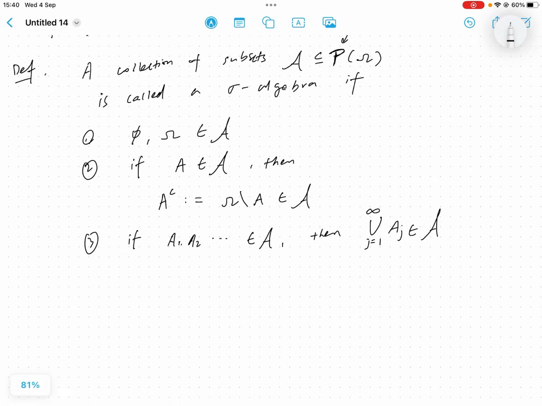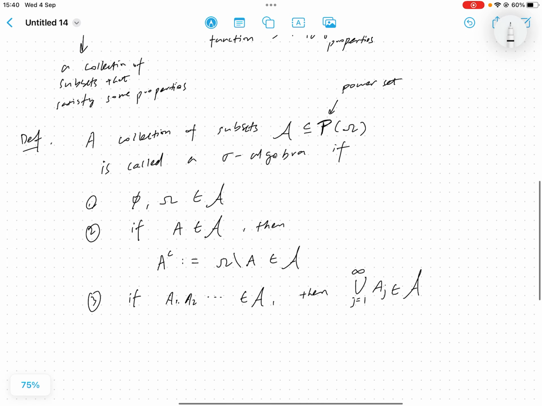Those are all the properties that we need for this collection of subsets to be a sigma algebra. That's pretty simple, right?